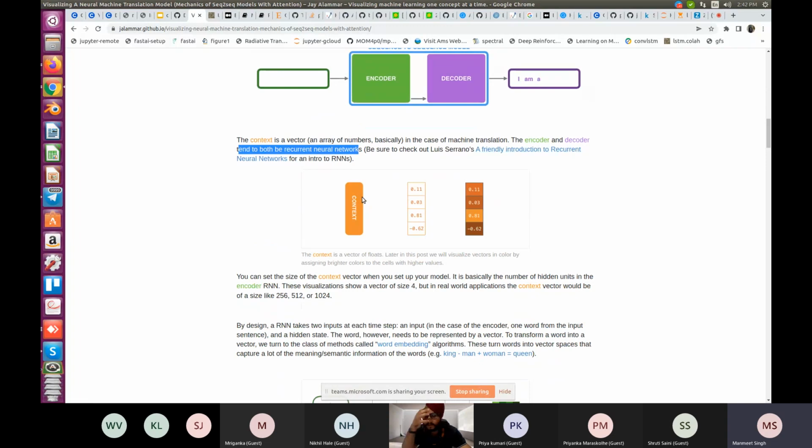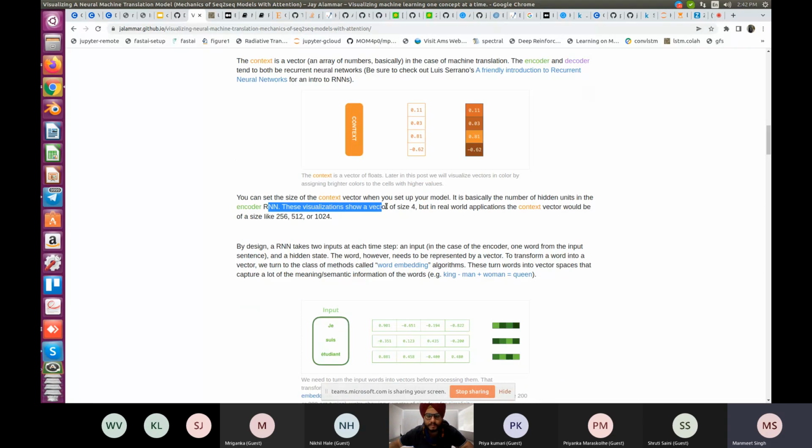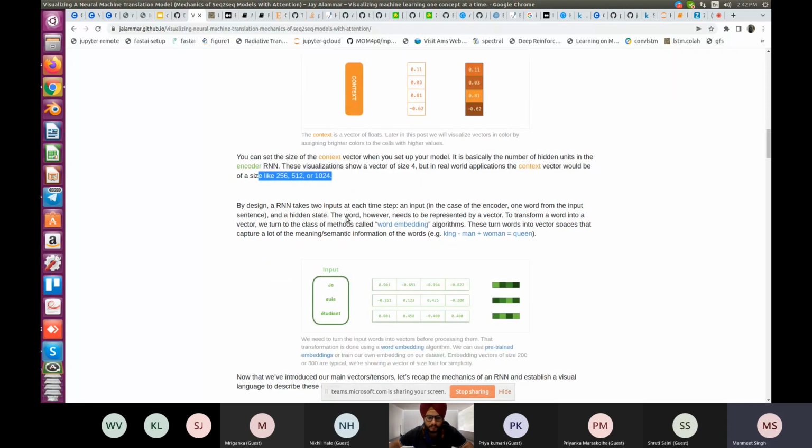It can be something like this: a context vector, which is a vector of floats. It's basically the number of hidden units in the encoder RNN, and these visualizations show a vector of size 4, but in real world applications, the context vector would be of size maybe 256 or 512 or 1024.